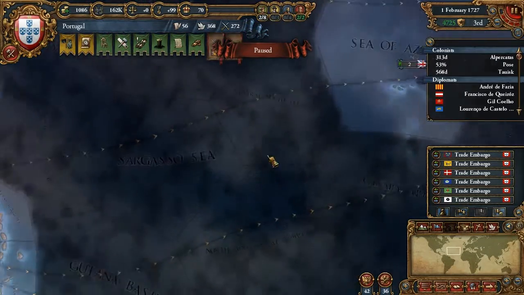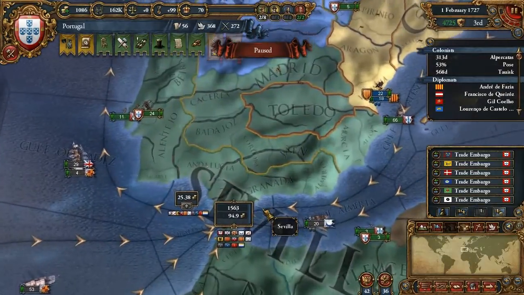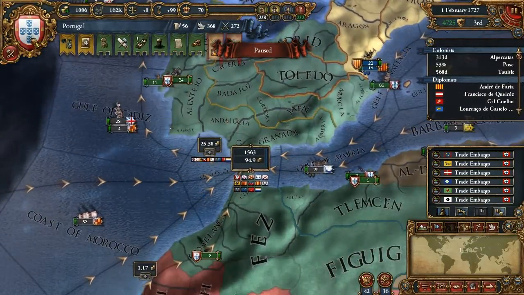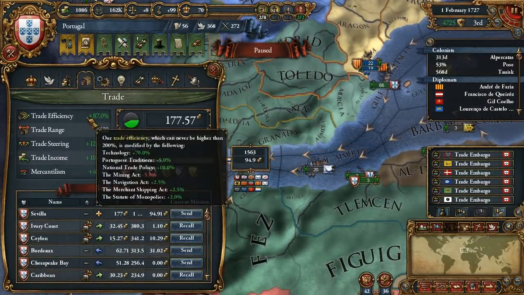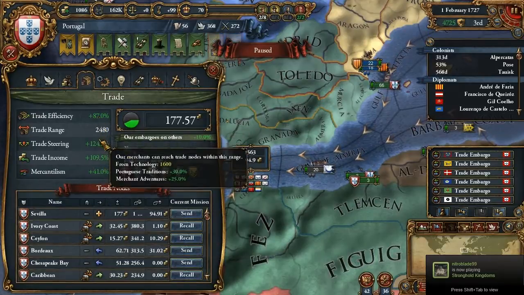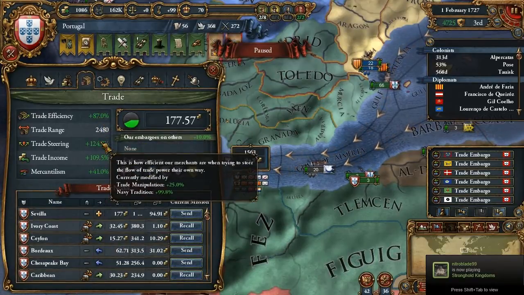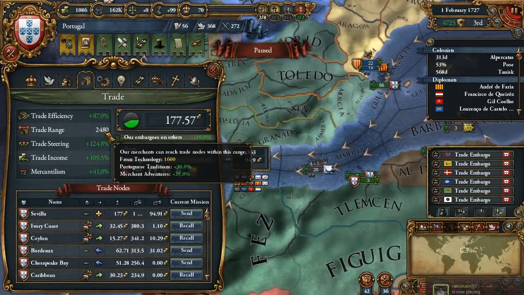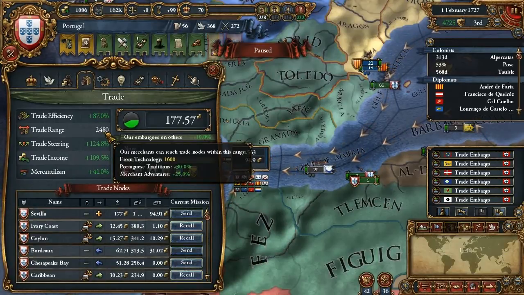Oh, and now a few things can really affect your trade steering. So let's just go through some things in here. Trade efficiency is how much money you're basically going to be making. It's going to be used in another calculation. Trade range is how far you can put merchants.